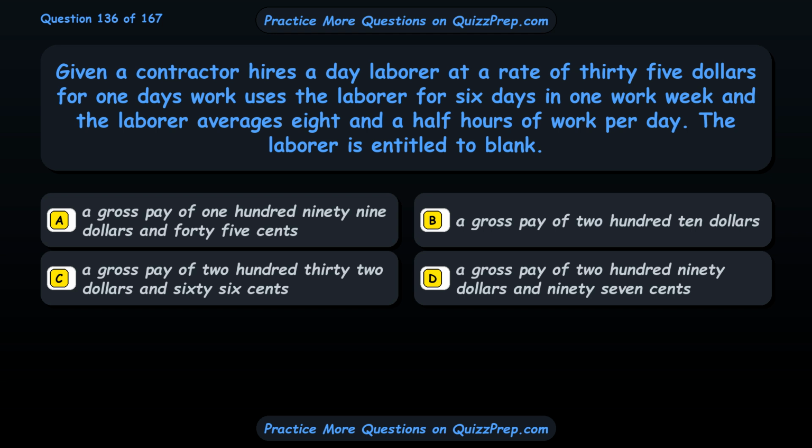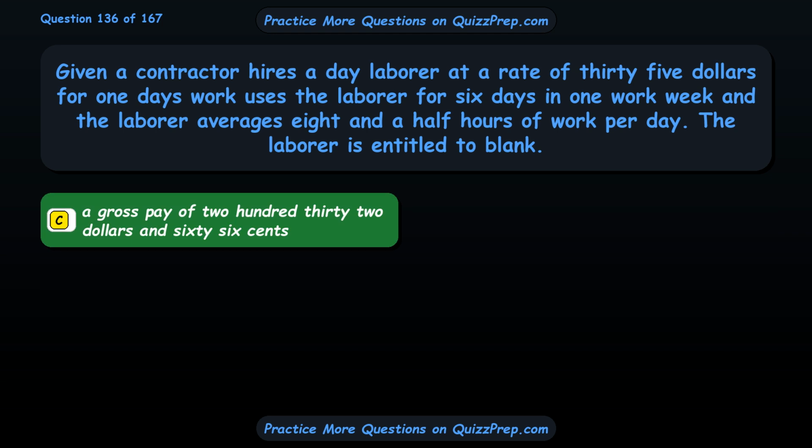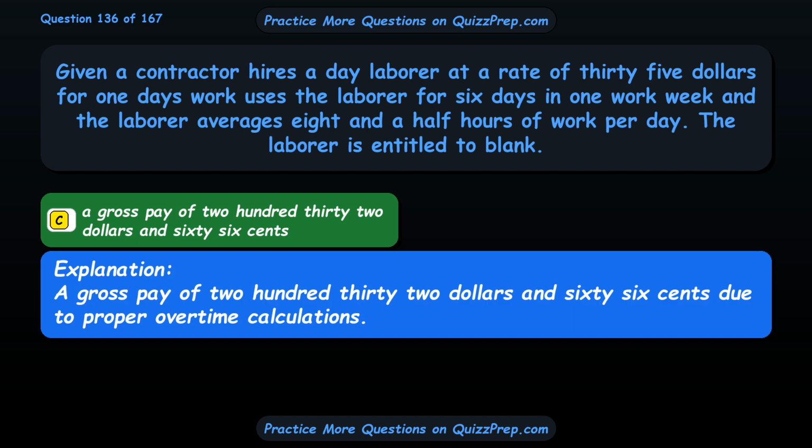Option C, a gross pay of $232.66. Option D, a gross pay of $290.97. The correct answer is option C, a gross pay of $232.66 due to proper overtime calculations.